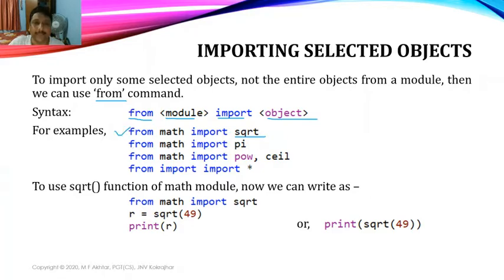If we need pi, which is a constant in the math module, we can import it like this. We can import more than one object: if we need two or three, we can mention the names like this. And if we want to import everything from a module into our program, we have to write from math import star, or any module name.